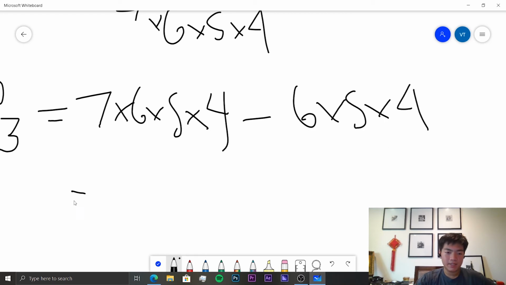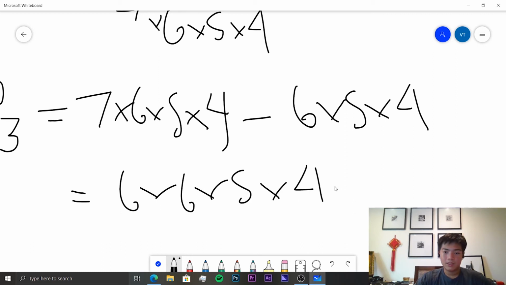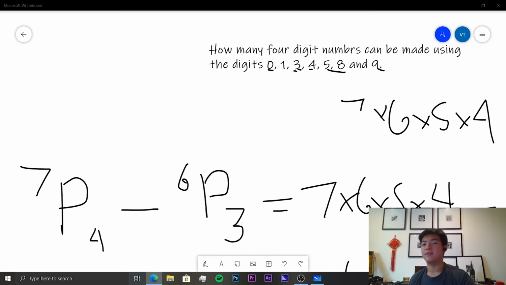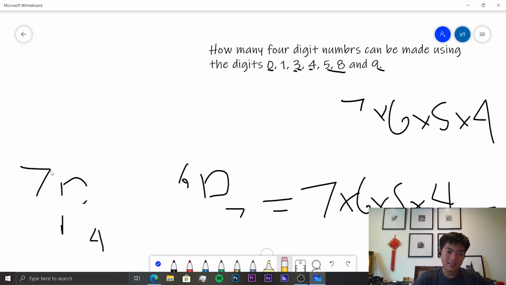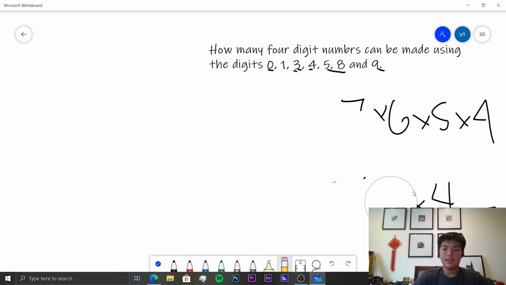And so this is simply equal to 6 times 6 times 5 times 4, which is, 36 times 20 is like 720. I think the question is asking, I think the digits don't have to be distinct, which changes a lot.